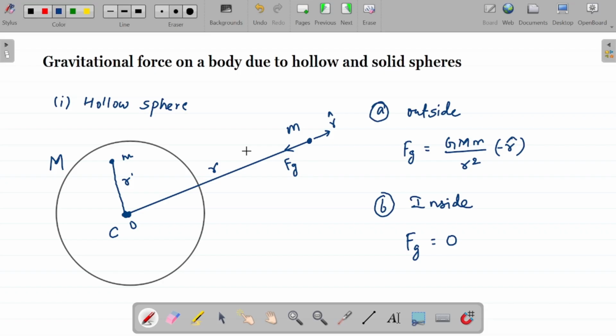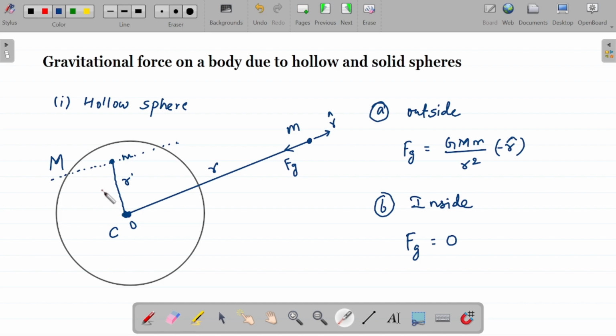At this point, I'm not going to give a derivation or explanation of how it came, but you can just qualitatively argue that for this body at this point, the sphere is going to be in two different regions, one here and another region here.